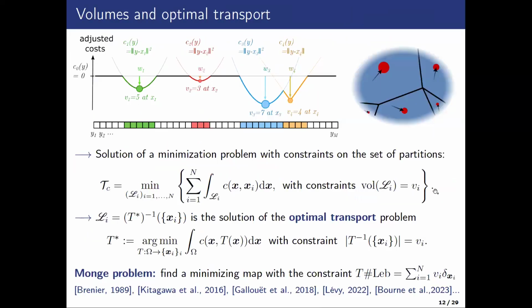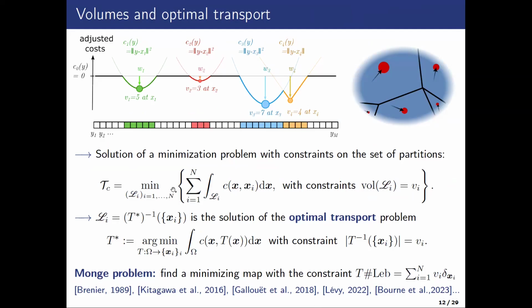And the link with optimal transport, because so far I haven't talked so much about optimal transport, is that finding these potentials, which are called W unfortunately in these pictures, but it's the same as before. Then here you want to construct a partition of the space. So you can recast that as a minimization problem over the set of partitions.